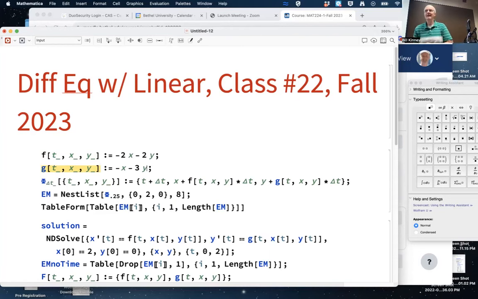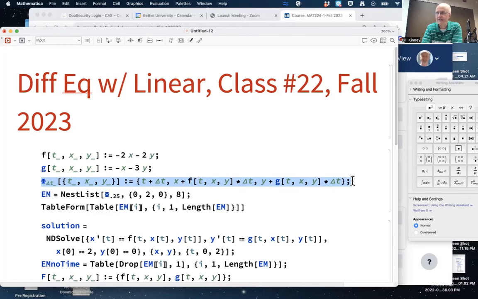Those become the little f and the little g. We want to implement Euler's method in Mathematica with NestList, because NestList is the most efficient way to iterate functions, using recursive equations like this. This code does it in general for a general little f and a general little g. This is defining a new function that I'm calling capital phi here. Maybe that's an unfortunate choice. This is not a flow.